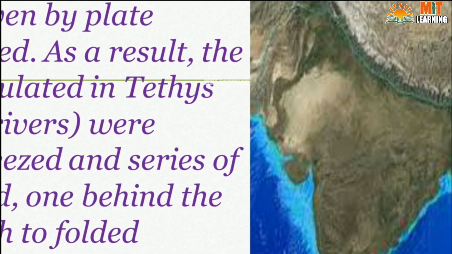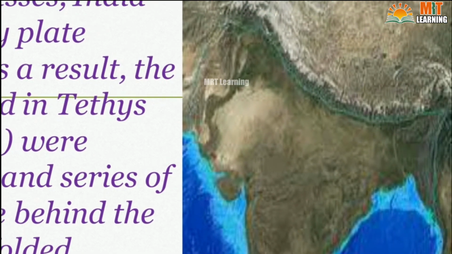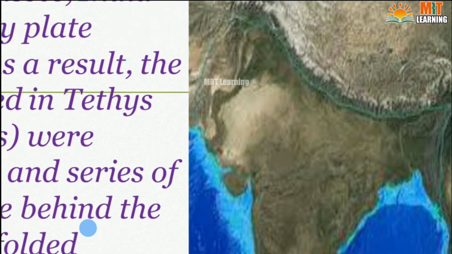If you observe this picture, you will clearly understand the formation. When the Indian plate collided with the Eurasian plate, these Himalayas were formed. The Tethys Sea is the origin for the formation of the Himalayas.